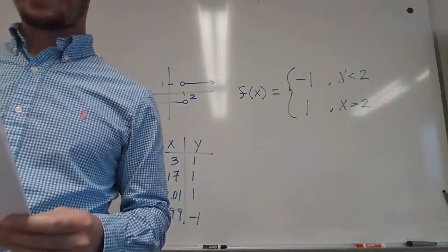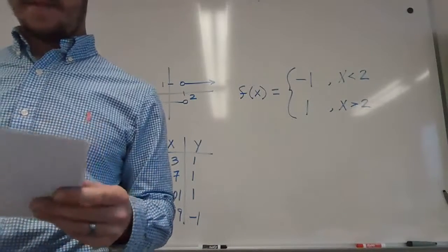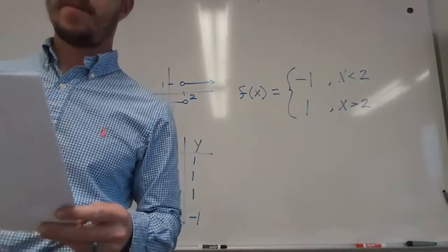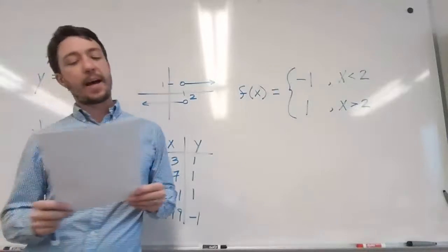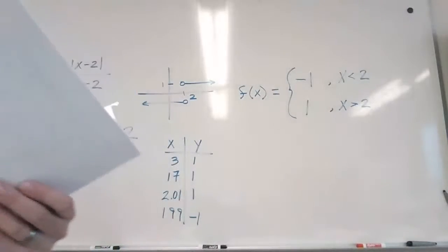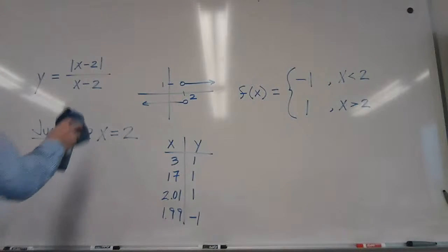Okay. Let's look at C. What do we think for C? What kind of stuff is going to happen on C? Is it going to be an asymptote? Very good.